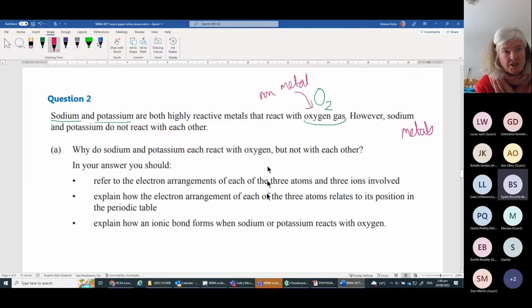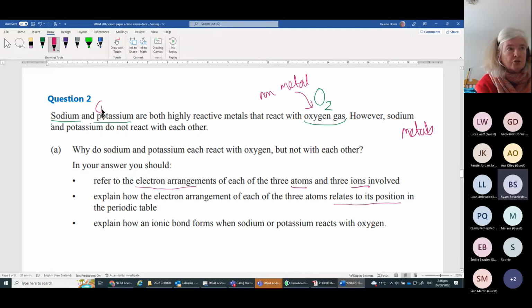That'll get you started, but you must now refer to electron arrangements of the atoms and the ions. So highlight to make sure you answer every part of the question, because you can get achieved easily, but you won't necessarily get excellence if you don't answer all parts. So how do they relate to its position?